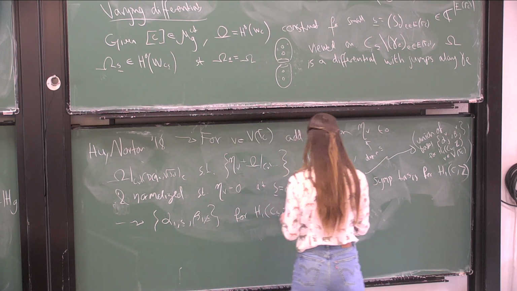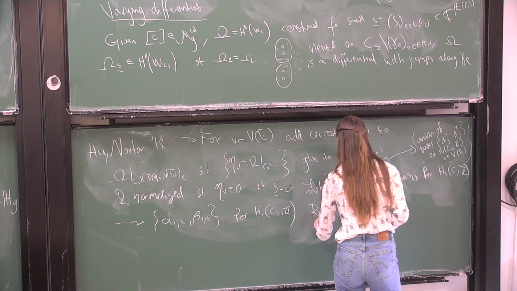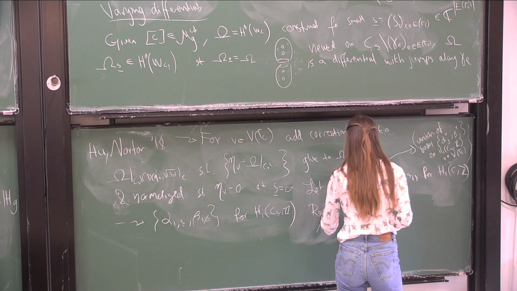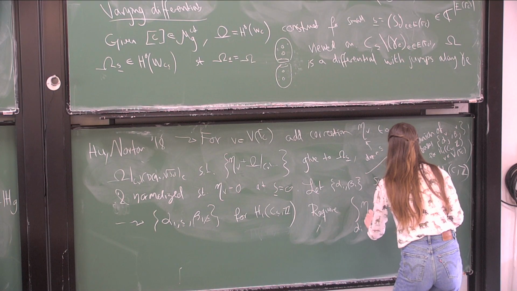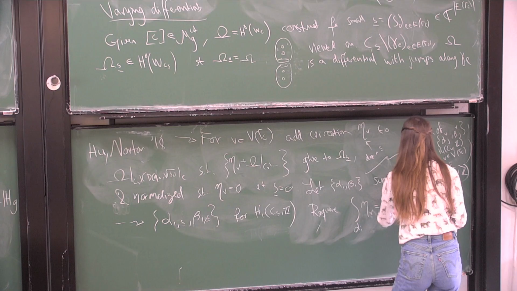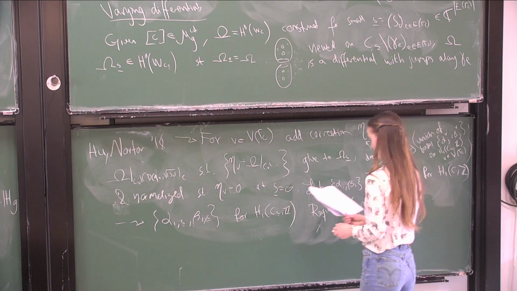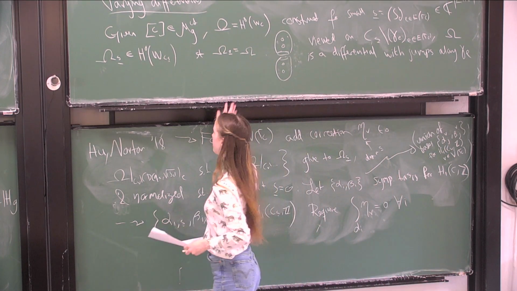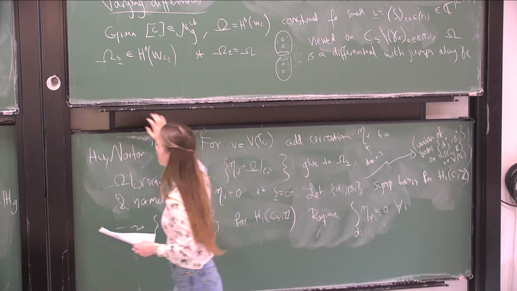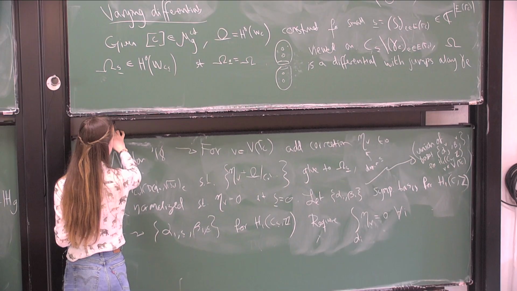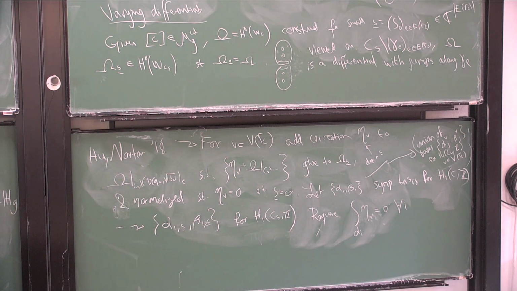And then we require the normalization, that they integrate to 0 over the alpha cycles. Okay, so now I already told you how we construct these differentials. So now let's try to Taylor expand the Torelli map.